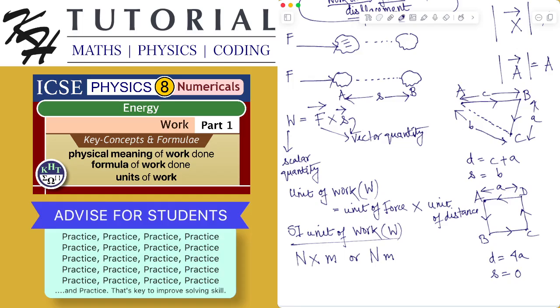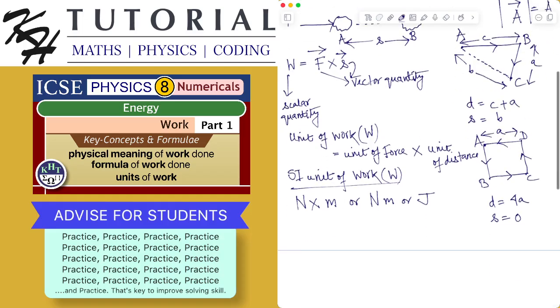To distinguish between the Newton meter of work done and the Newton meter of moment of force, for the case of work done, this Newton meter is termed joule. This is named after a scientist. So J, joule. 1 Newton meter is equal to 1 joule.